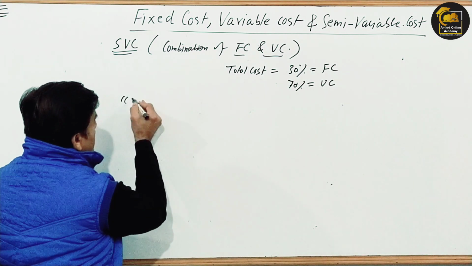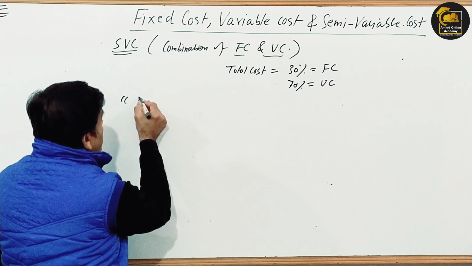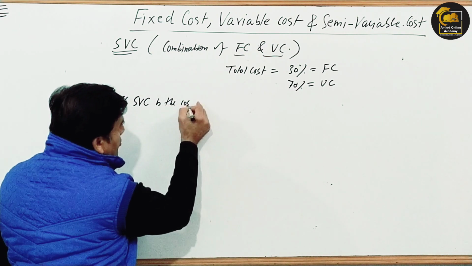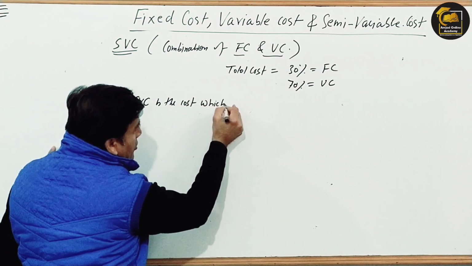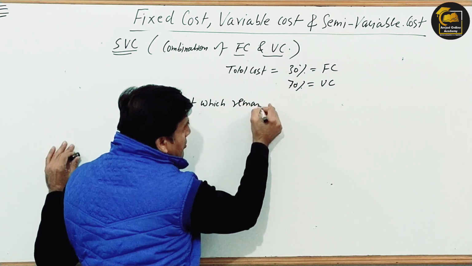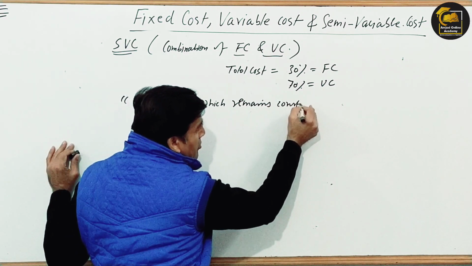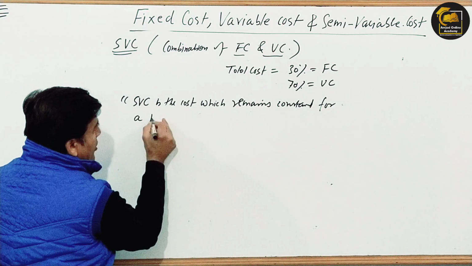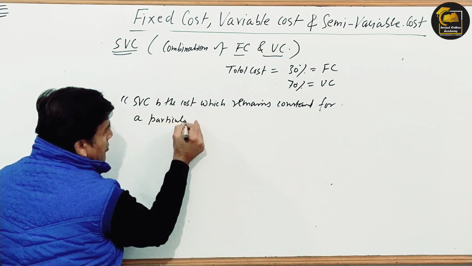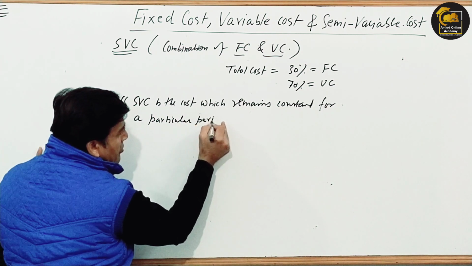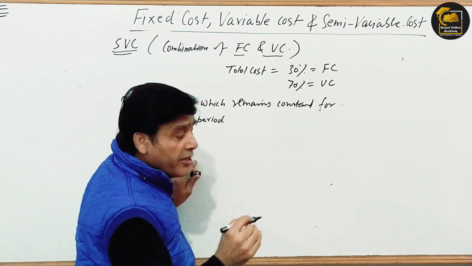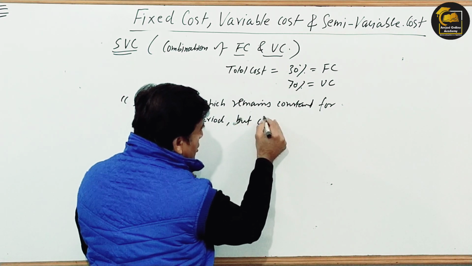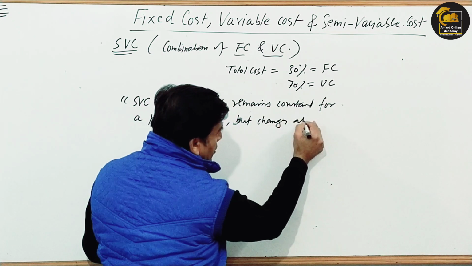Another connotation is there. The semi-variable cost is the cost which remains constant for a particular period, but changes afterward.